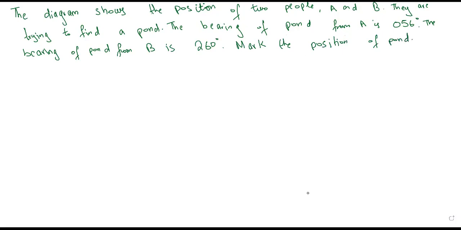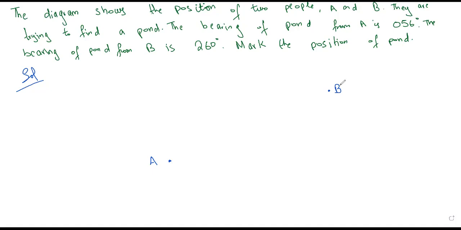Okay, now I am going to read the question and then we'll talk about it. I'll make the diagram quickly. This is A and this is B. Okay, it says the diagram shows the position of two people A and B. They are trying to find a pond. The bearing of pond from A is 056.